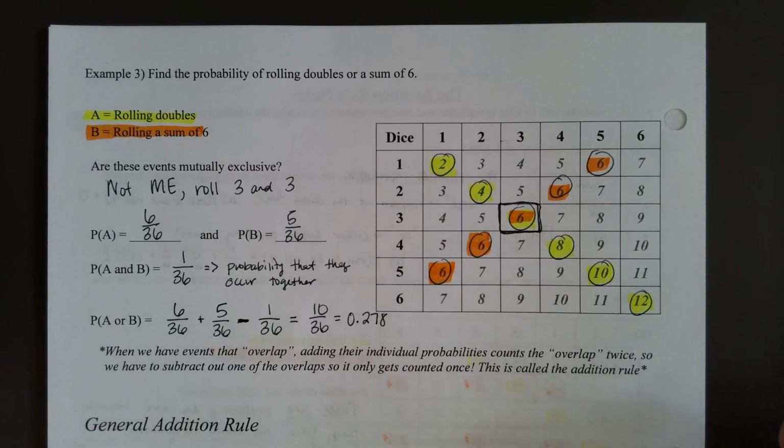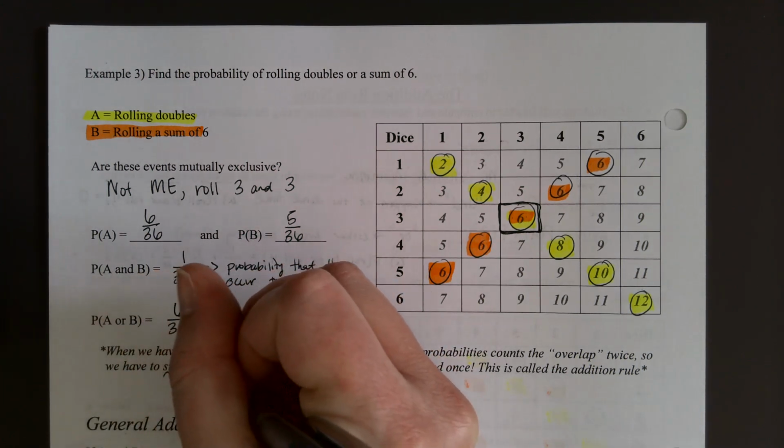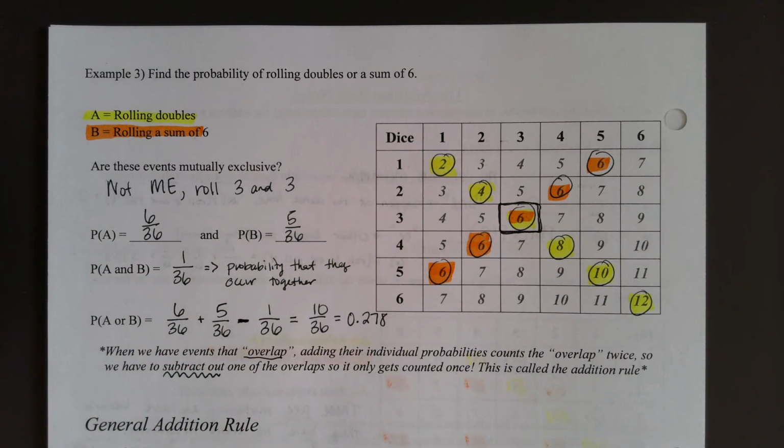So when we have two events that are not mutually exclusive and we have events that overlap, we can add the two individual probabilities together, but then we're adding them and double counting that overlapping event twice. So we have to subtract out those overlaps in order to get our true probability, because we want to make sure we only count it once.